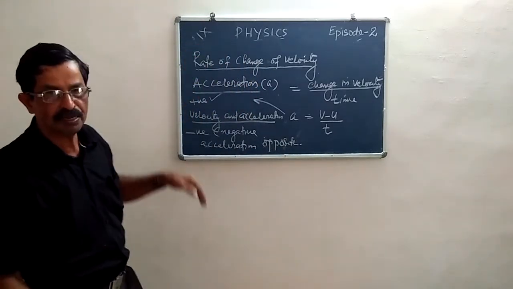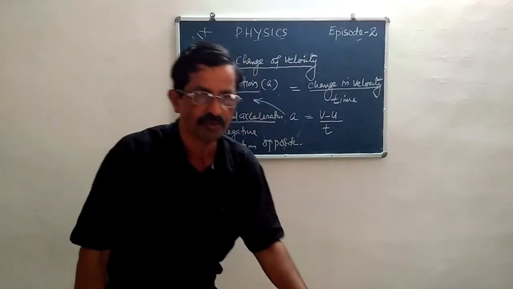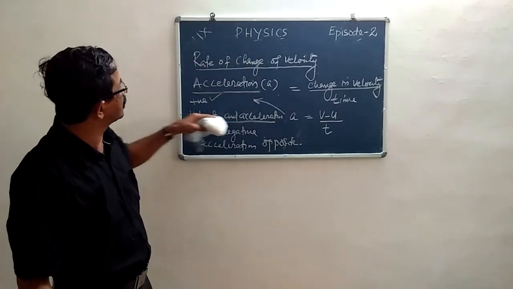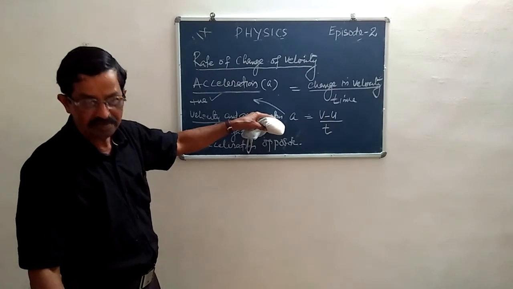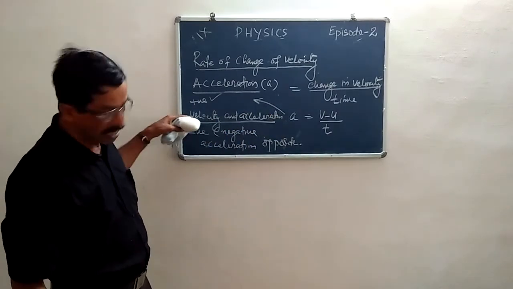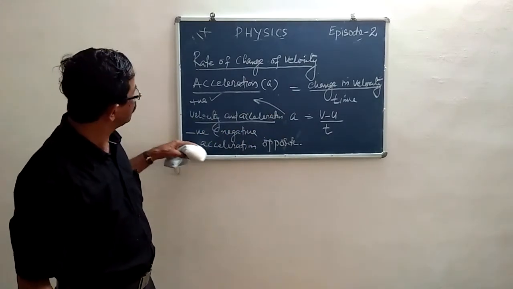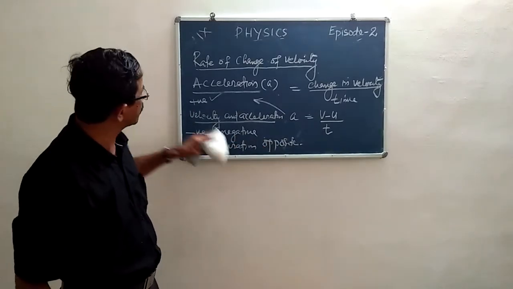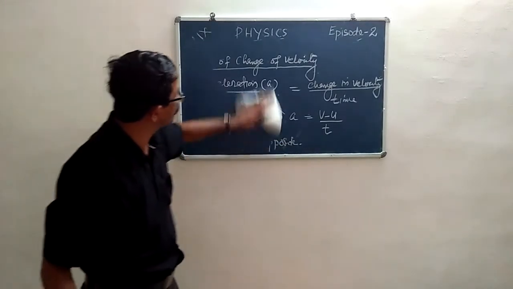So acceleration can be positive and negative. If the velocity and acceleration are in the same direction, then it is positive. And if they are opposite, then the acceleration is negative.